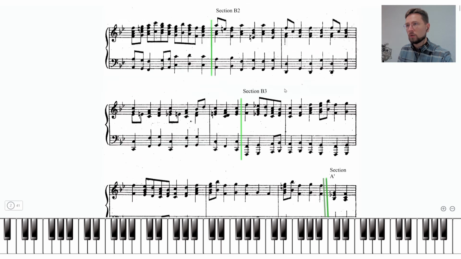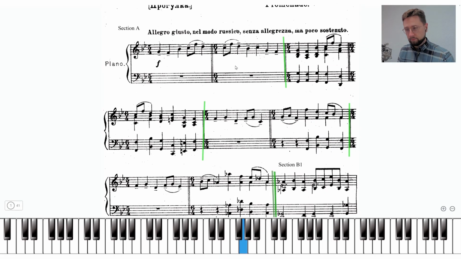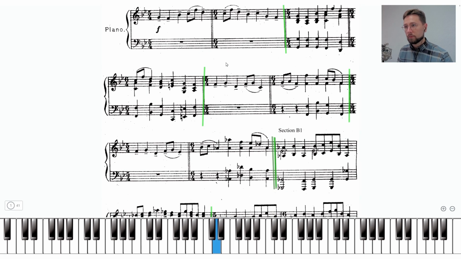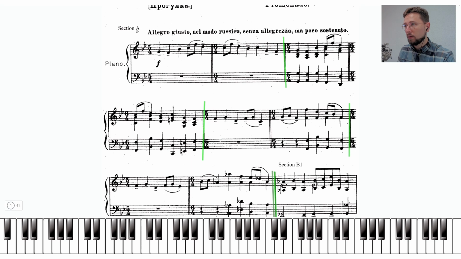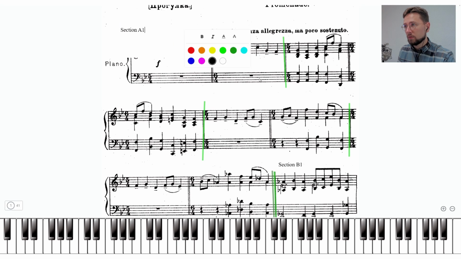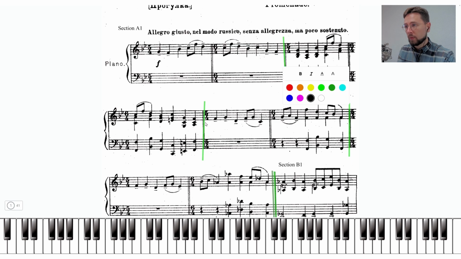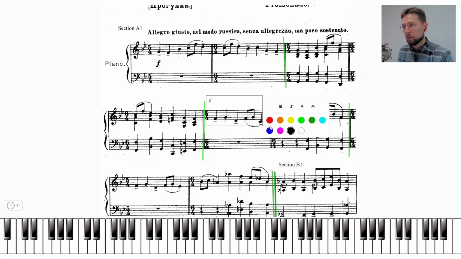So that sort of structure is at the beginning, and then you have this, so we have basically two separate A's. We have one A1, which has this phrase, and then we have A2, section A2, which is made of the following two phrases.